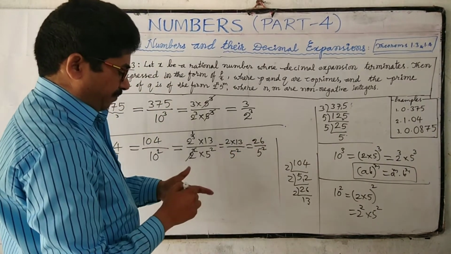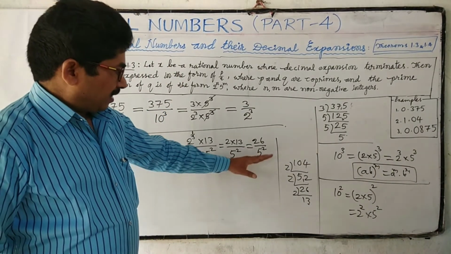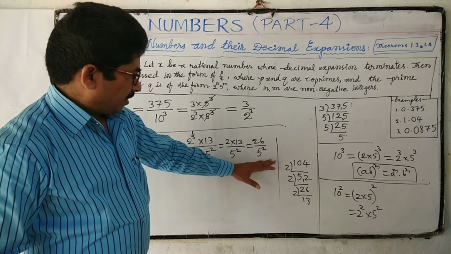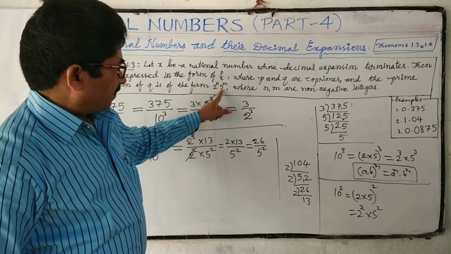It is in the form p by q, and the denominator is of the form 5 to the power of m.